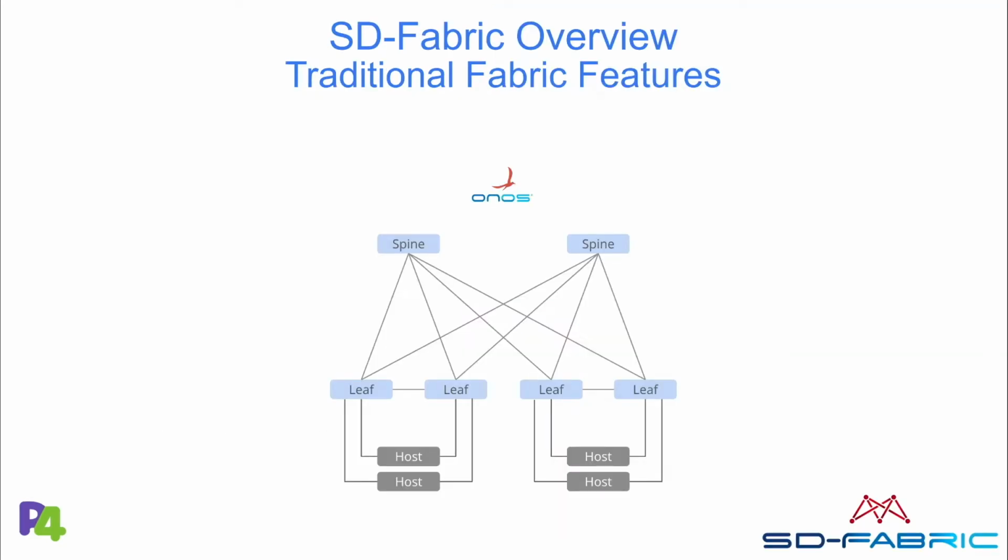SD-Fabric supports the traditional fabric features such as bridging at the leaf, equal cost multipath routing across the fabric, or ECMP, which is a simple case of WCMP when all weights are equal to 1, IPv4, IPv6 unicast, multicast, dual homing, DHCP relay, and access control lists to drop or redirect traffic.